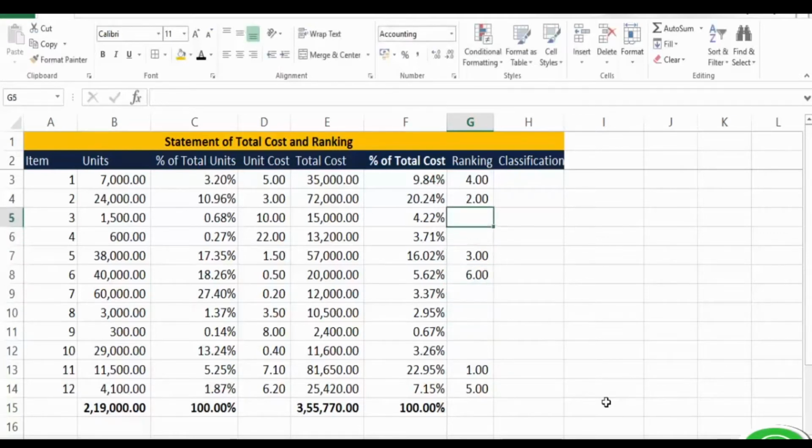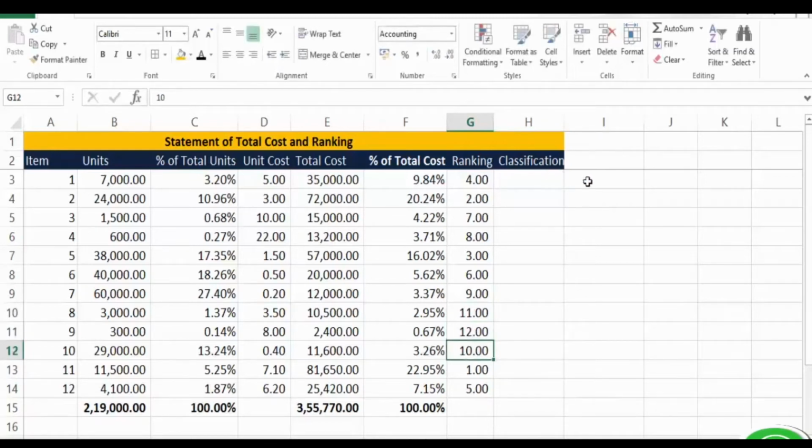Seventh rank can be for 4.22. 8 can be for 3.71. 9 can be for 3.37. 10 is for 3.26. 11 is for 2.95, and 12 is for 0.67.